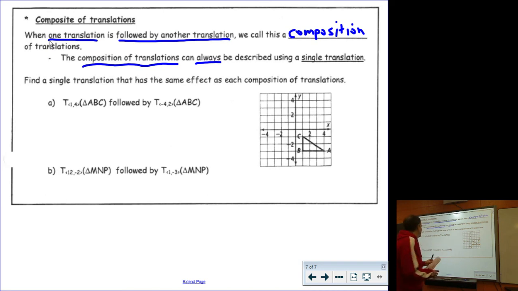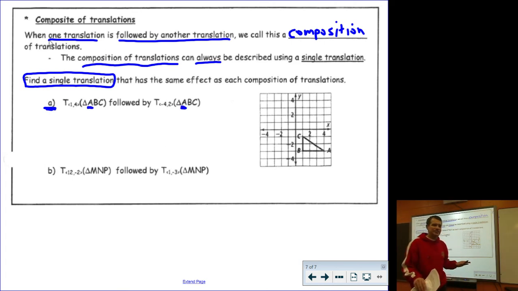Let me give you an example. I'm going to find a single translation that has the same effect as two of them. So, example A here, I'm doing two translations on this, but I'm only going to do point A. I think you'll get the idea if I just do the two translations on point A.